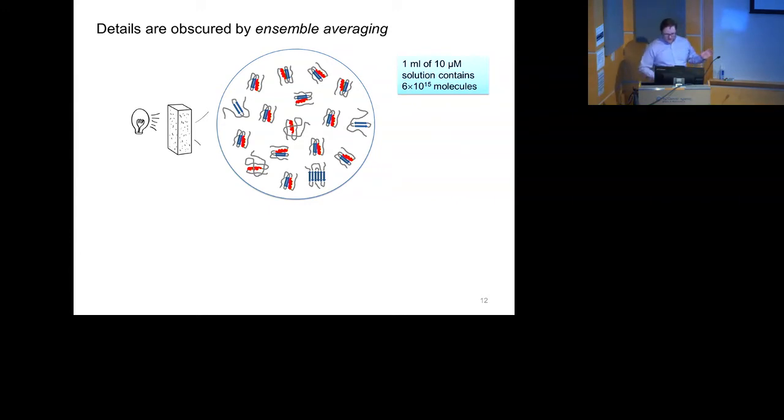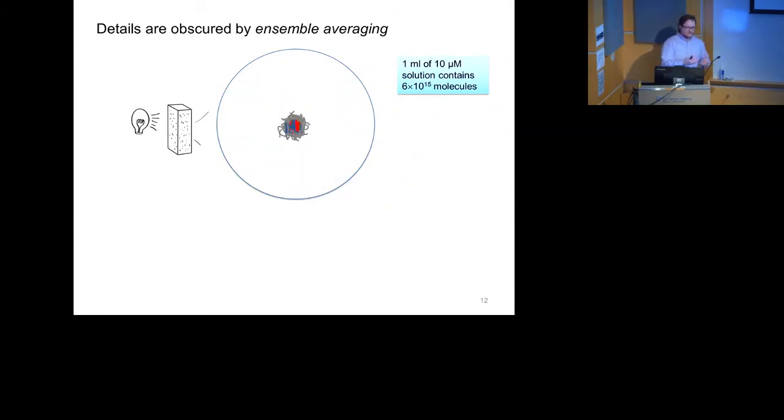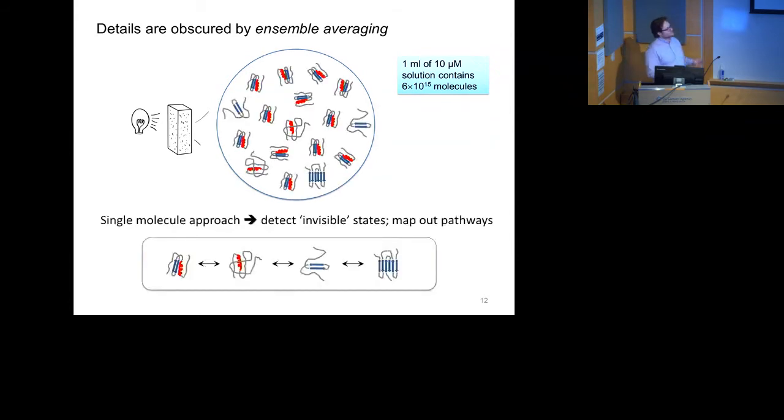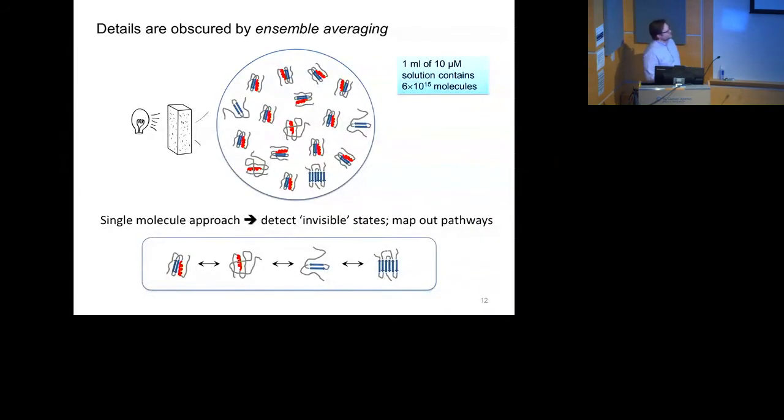If you're looking for one, ensemble averaging just blurs out the details. So it's hard to focus in on those intermediates, especially if they're short-lived or rare. So what we use instead is a single molecule approach. There are lots of drawbacks of single molecule approaches, but the one thing that makes it worth it is that you can detect states that would basically be invisible to ensemble approaches.